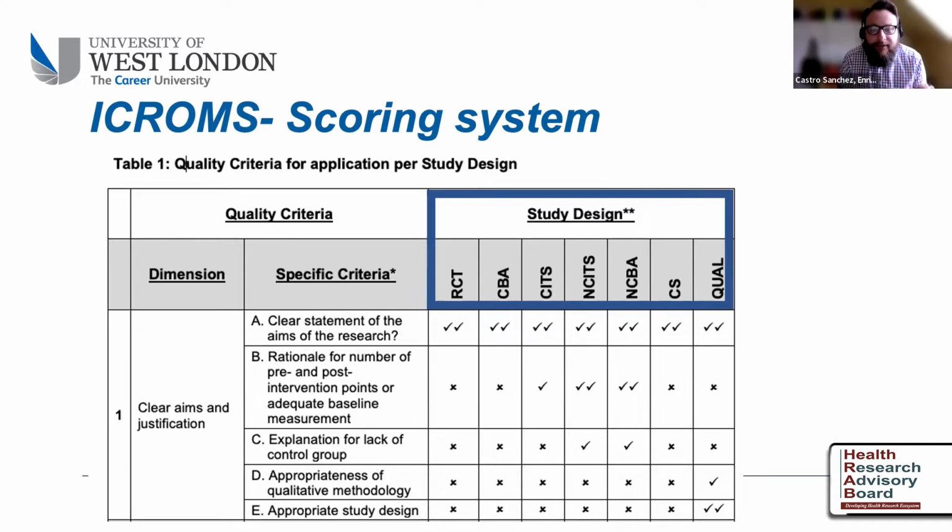Okay, if you have a look at the columns, each column has some symbols. So the 2 ticks are a mandatory criteria. So all studies must report clearly the aims of the research. And then you see that in some of the columns, you can have a look at the CITS column, the third from the left.